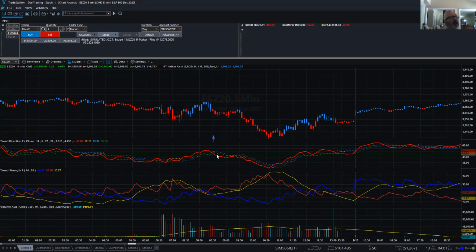So we did not wait for this bar to close. We took the open on this bar, which was 43.75. We went short, and this bar closed at 38.25, which is just off of the bottom.